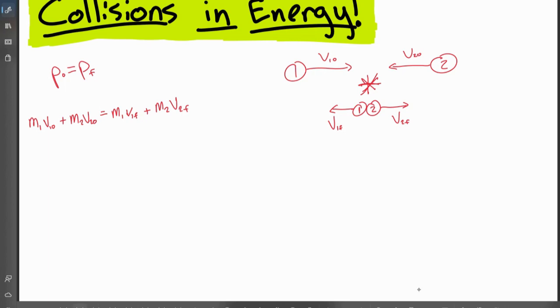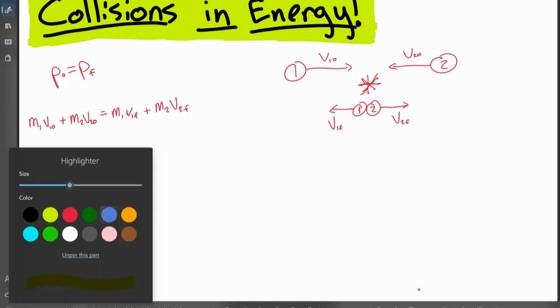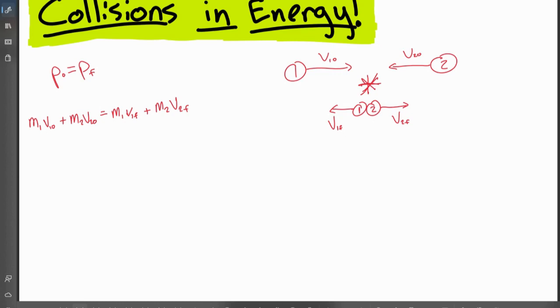All right, the important things to remember on this: this one's moving to the right, v1 naught, so we'll probably call that positive to the right. So what does this mean to the left? Well, that means v2 naught is going to be negative. But what does that also mean about v1 final? The same thing.